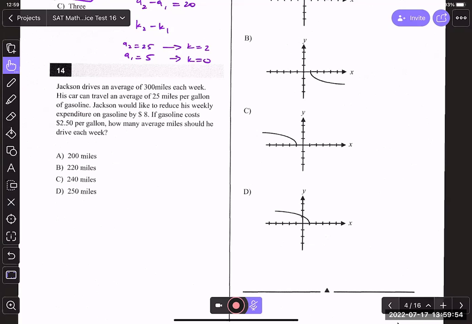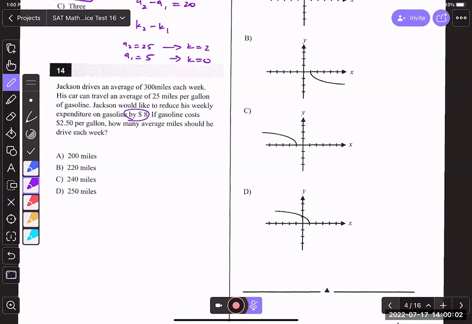So what we are told is we want to reduce the expenditure by $8. And if gasoline costs $2.50 per gallon, we need to figure out first off how many gallons of gasoline he needs to stop buying, essentially. So in order to reduce by $8, that's going to be $8 divided by 2.5.